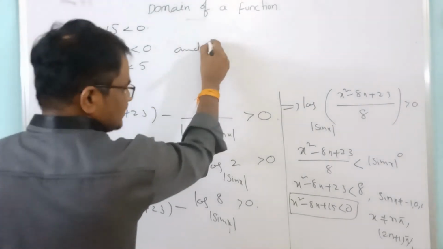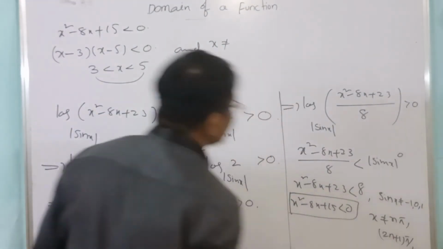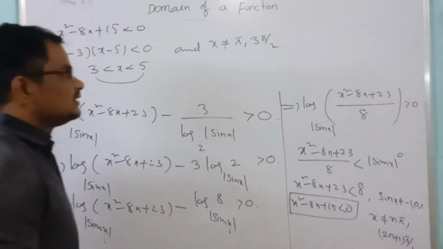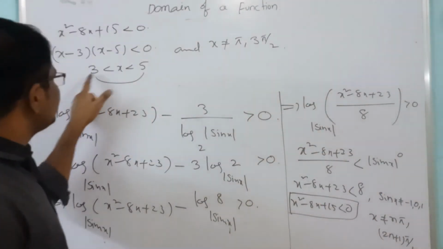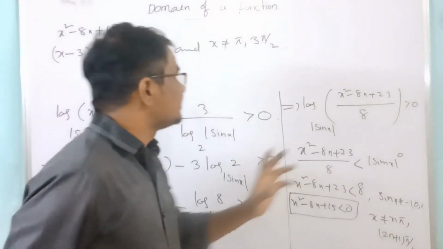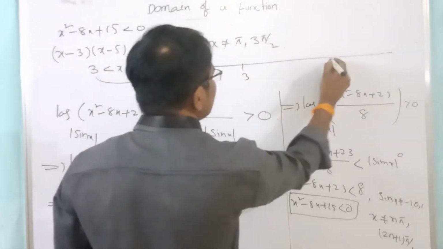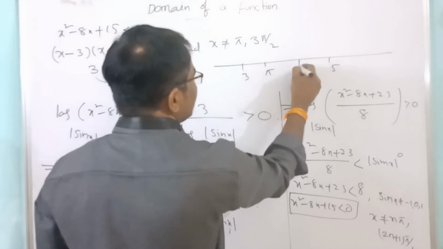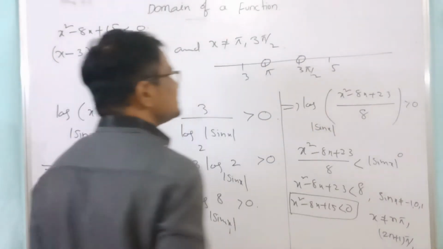And x is not equal to, in between, which values can we take? x is not equal to π and 3π/2, using the real number line. Between 3 and 5, the values that exist are x equal to π and 3π/2, since π is 3.14. So these two values do not exist.